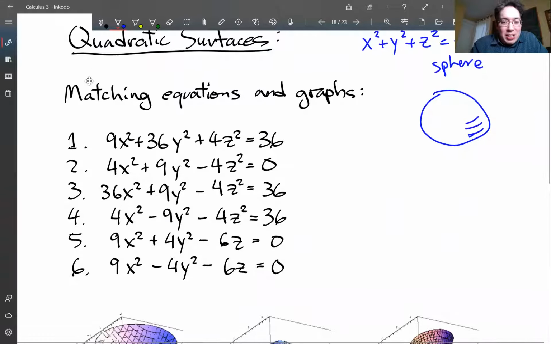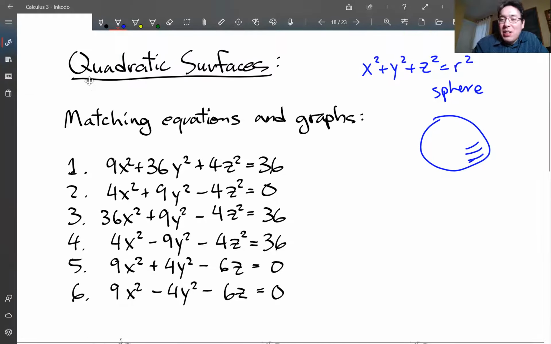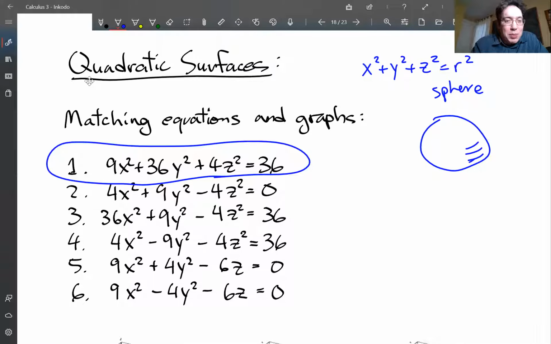So let's see. I think notice that some of these terms have positive coefficients and negative coefficients, and also noting that it has a constant term, like a sphere has a constant r squared term. You might guess that. I think number one might be the ellipsoid.